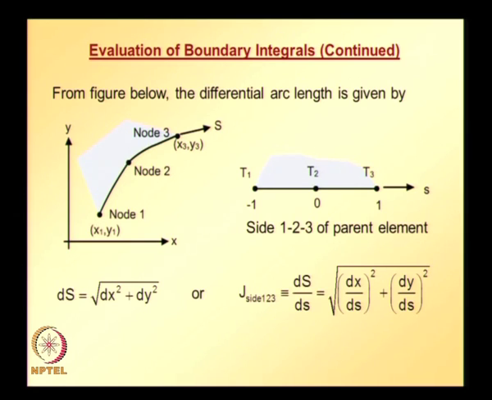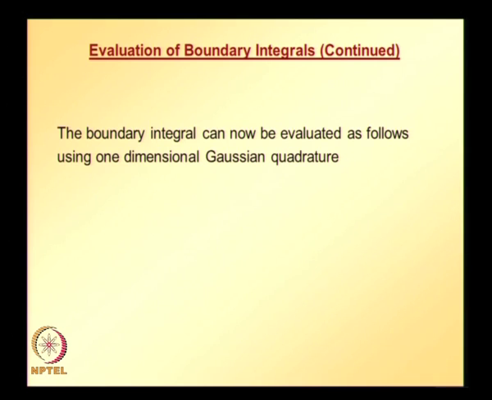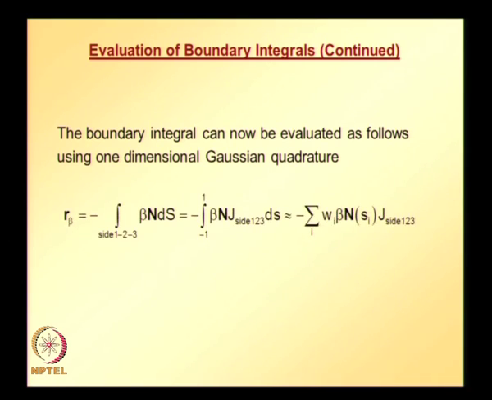When we divide that equation on both sides by ds, we get the relation for the Jacobian along side 1 2 3. So, once we have this, we can change the limits of integration and use one dimensional Gaussian quadrature. This is for integral r beta.